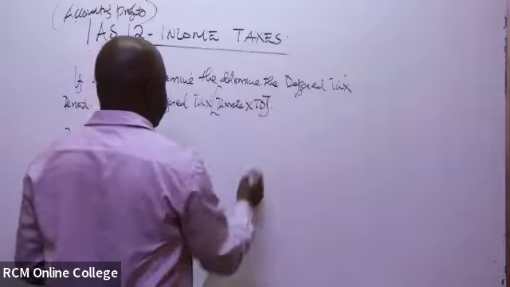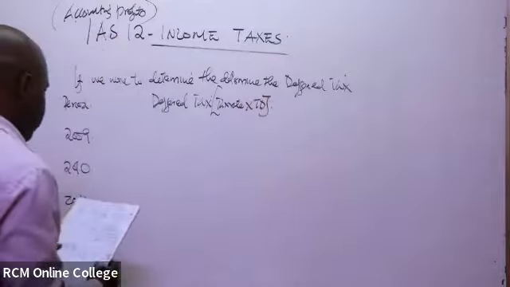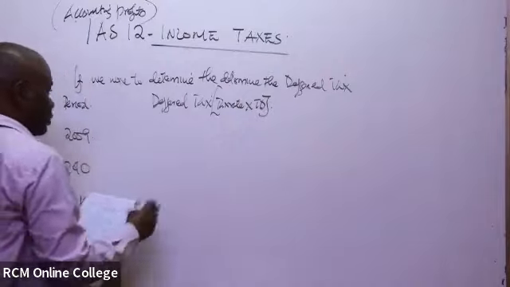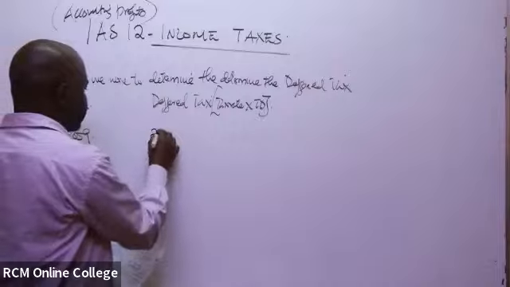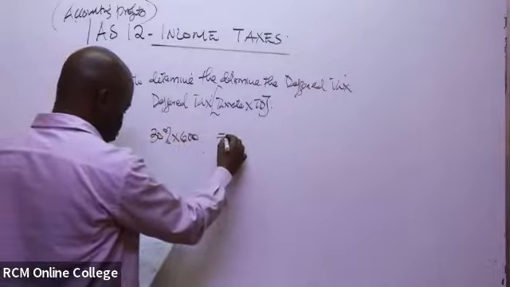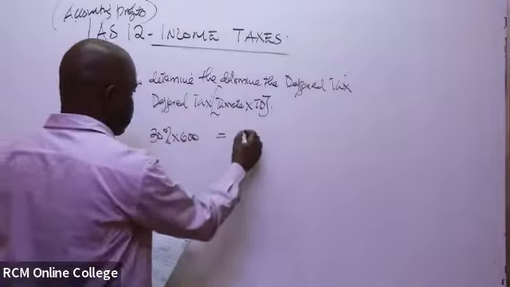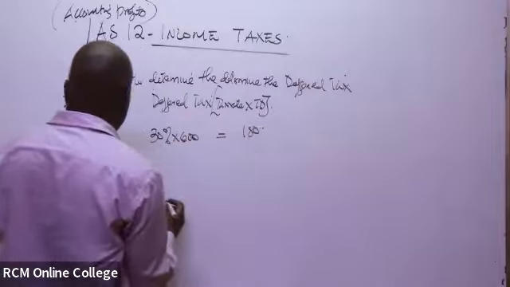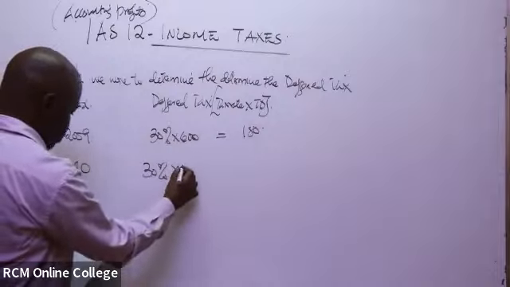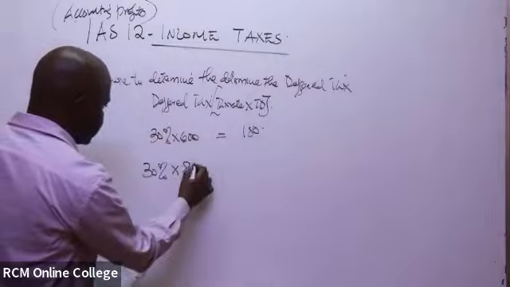For our first year, it will be 30% of the temporary difference, which is 600, so 30% multiplied by 600. I think you'll get something like, is it 180? You'll get 180. The next one will likely be 30% of what we got as TD, which was 800.